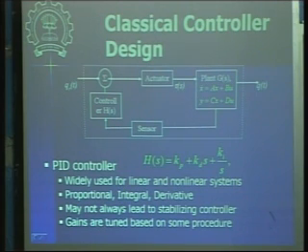They may not always lead to a stabilizing controller, because the integral action here is in some sense destabilizing the system. The derivative action introduces more damping into the system. With integral action you are introducing one more pole near 0 in the s plane.